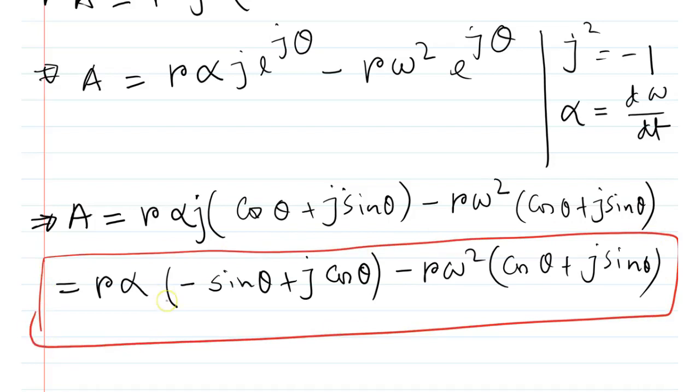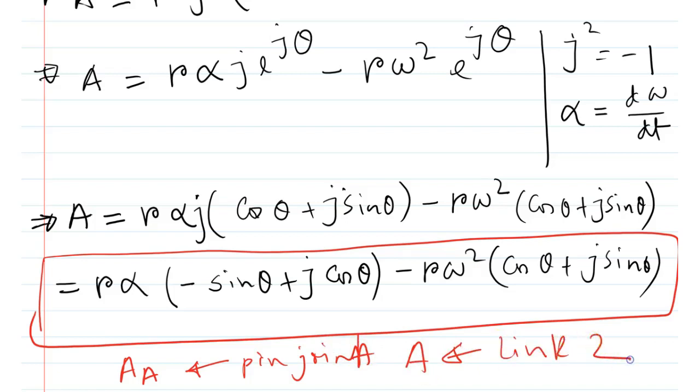Once we derive these equations, we need to identify which link we need to consider to find the relevant pin joint. So for A, which is a pin joint A, this is relevant to link 2. So in these equations, the length, angular acceleration, angles and angular velocity will all be relevant to link 2.